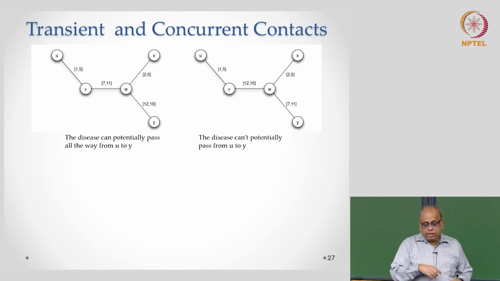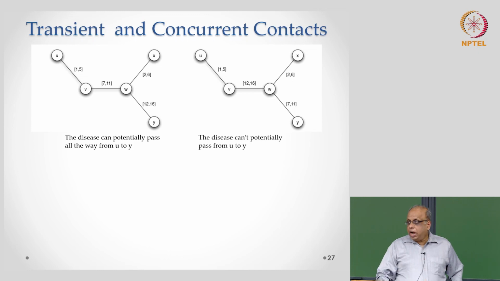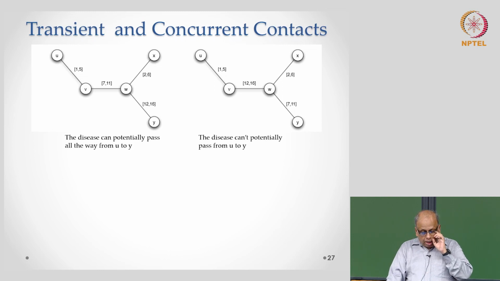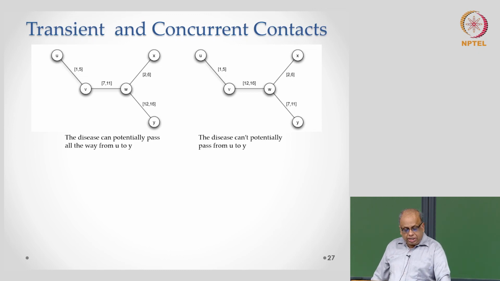Another important thing that we need to look at for this kind of spreading of disease is how long you are in contact with a person. Okay, so if you are in contact with a person for some time and you get the disease after that time, then of course you have recovered before you have seen that person, then obviously you cannot spread the disease.